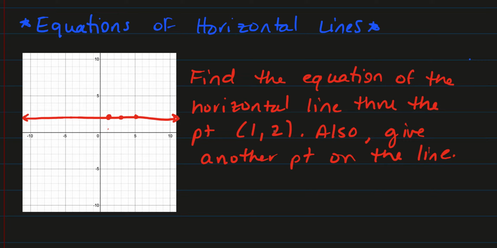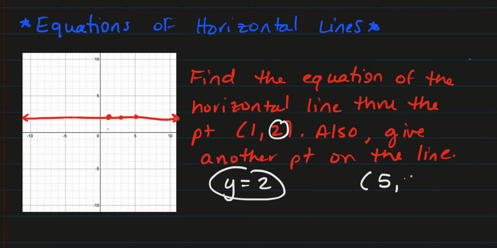So you could just give me a different x-coordinate, but you have to fix this y-coordinate. So the equation of the line is y is equal to 2. You just take the y-coordinate and set it equal to y. And then another point on this line will be something like 5, 2. Anything you want with the x-coordinate, but just keep the y-coordinate fixed.